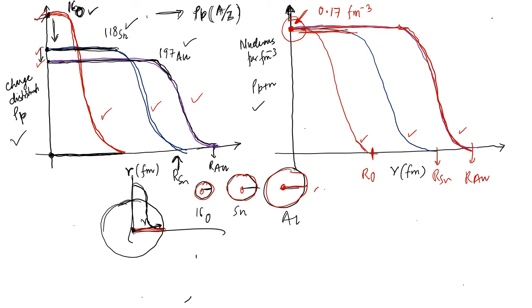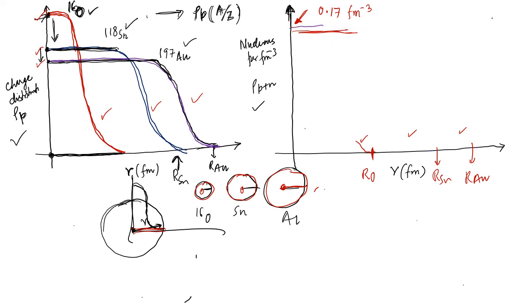One important thing I would like to mention here is that if we see one structure like this, such a structure can be approximated using the Woods-Saxon distribution function.